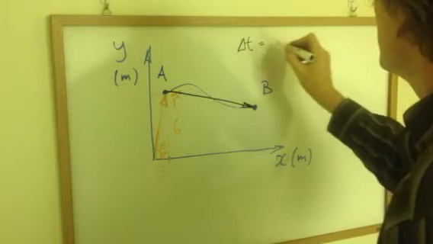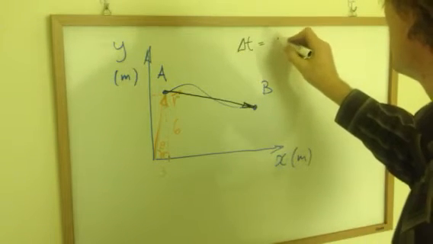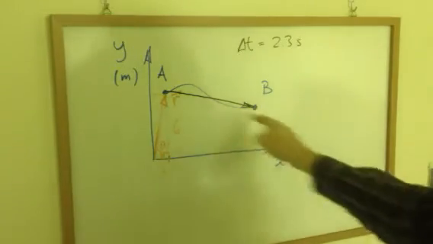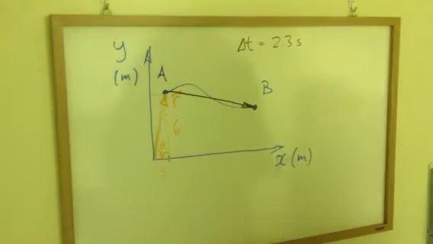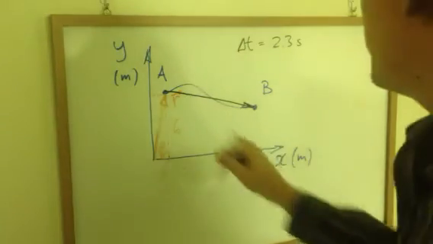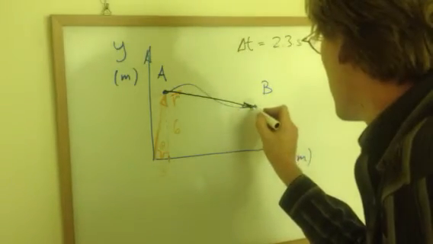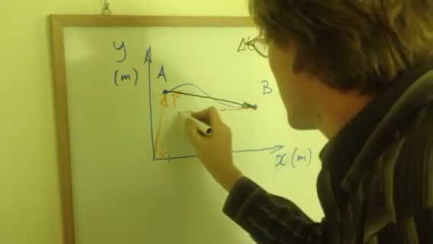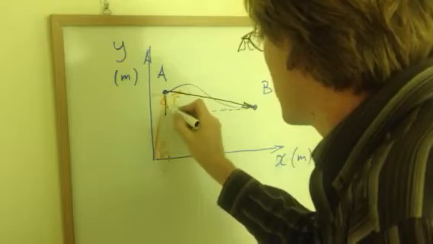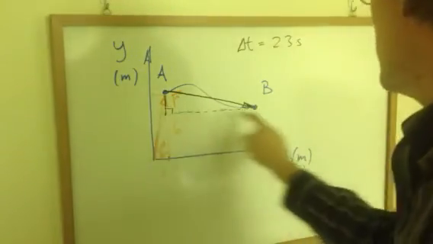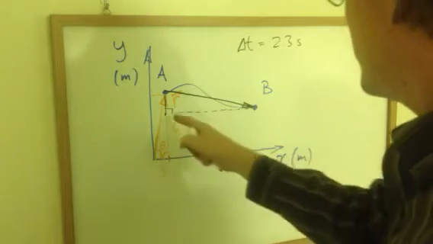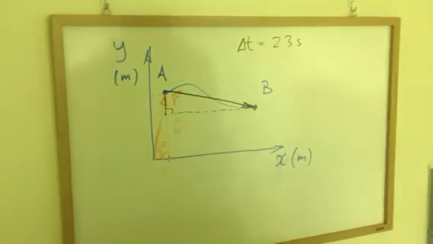Delta t is equal to 2.3 seconds, say. So there's a time. Now, between A and B, there is a change in x coordinate, and there is a change in y coordinate.